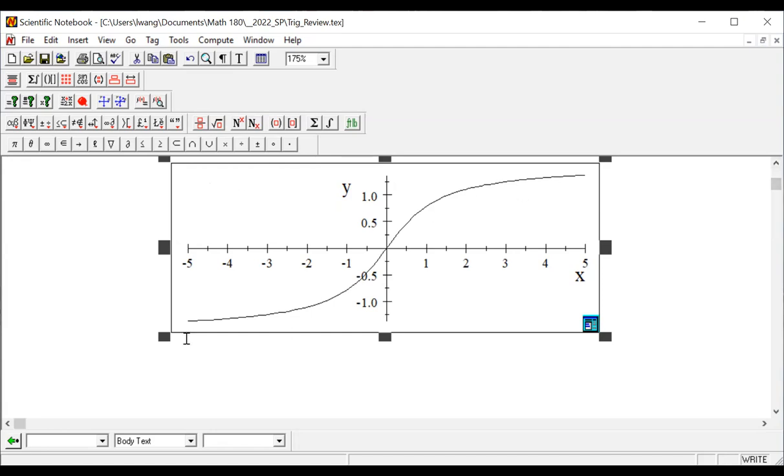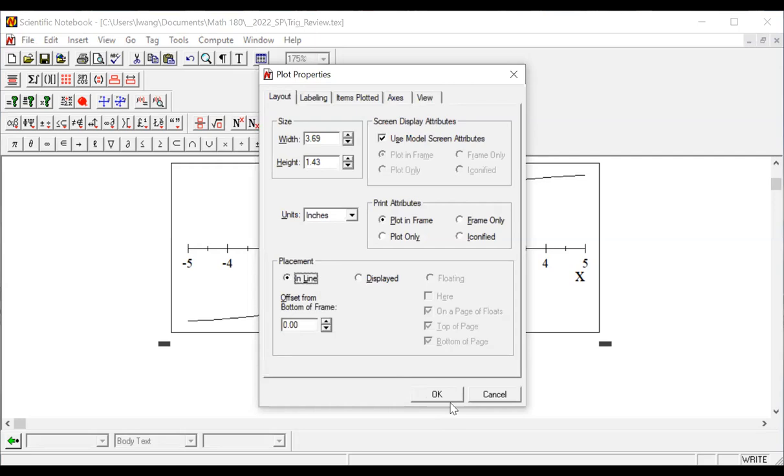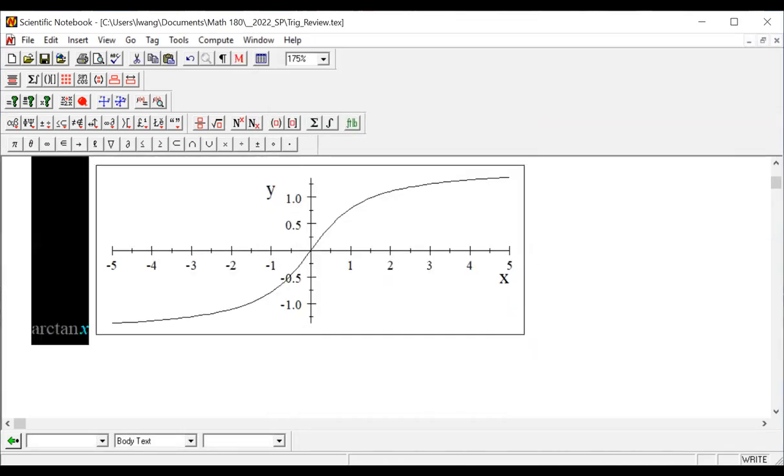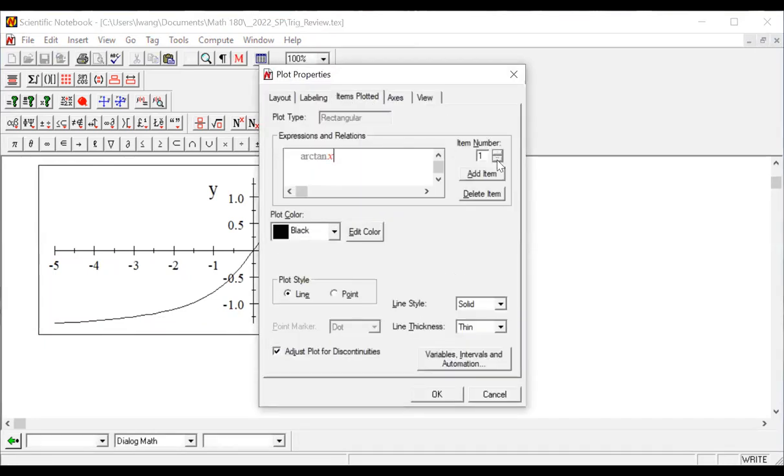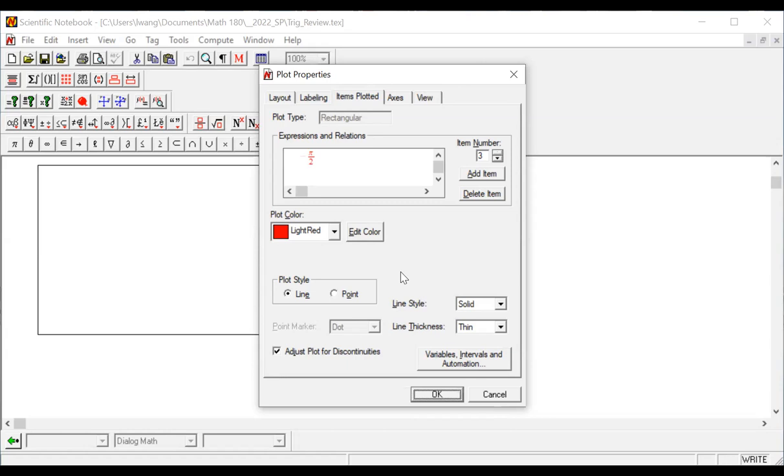So this curve is between -pi/2 and pi/2. And there's a horizontal asymptote, which we have gone over in class before. The horizontal asymptote is the line that the curve will never touch, but gets infinitely close to.